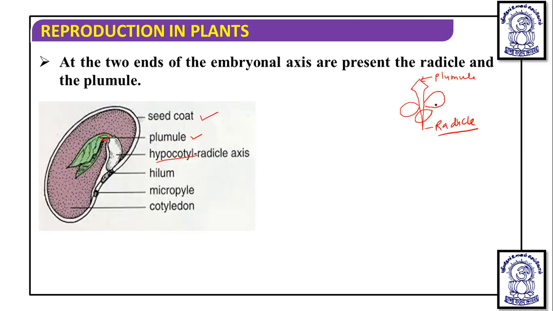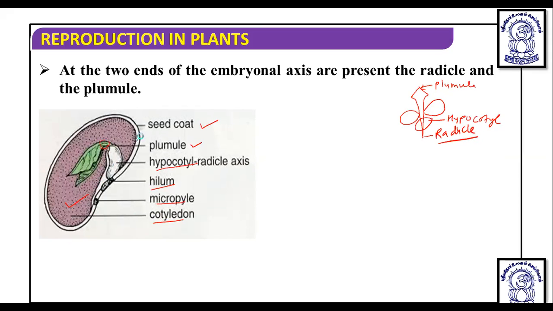The region of the embryonal axis between cotyledon and radicle is known as hypocotyl. Here you can see the hilum, here you can see the micropyle pore, and these are the cotyledons. In such a way they are arranged.